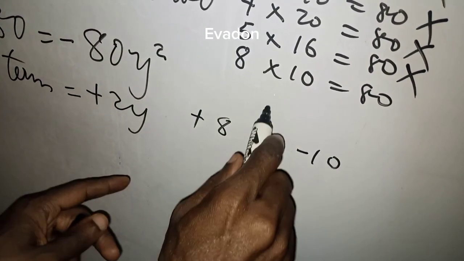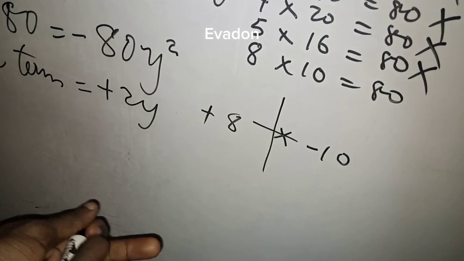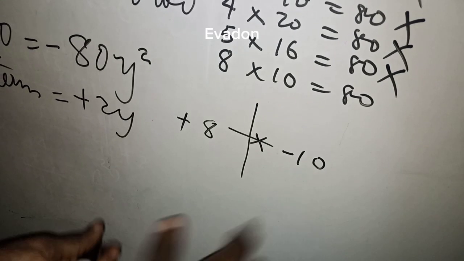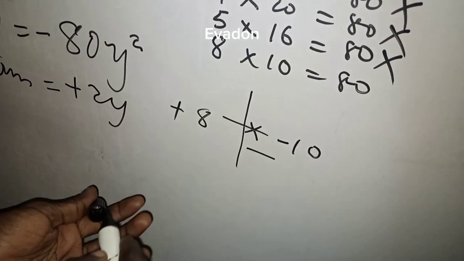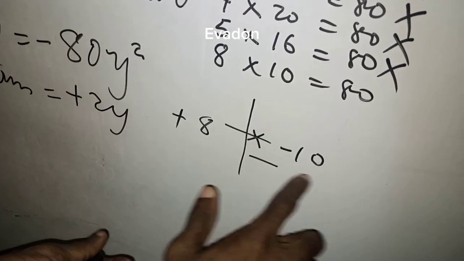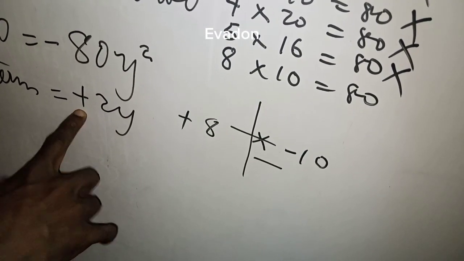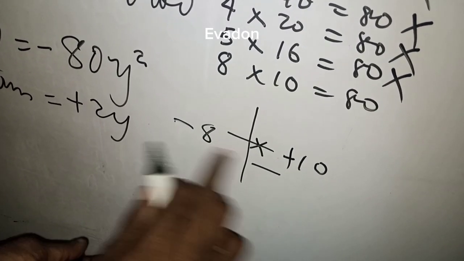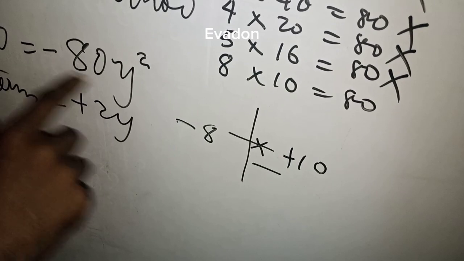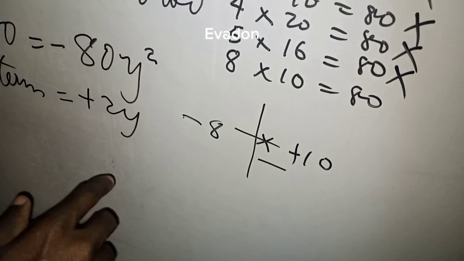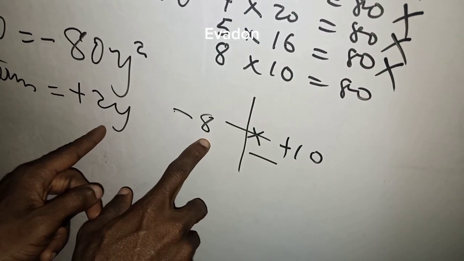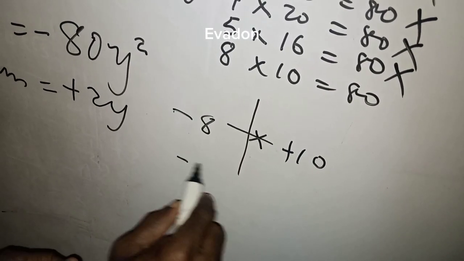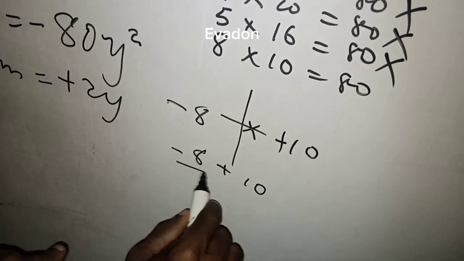Now for the addition, plus 8 plus minus 10 gives minus 2, so let us swap it. Change here to minus and here plus. Minus times plus is minus, 8 times 10 is 80, good. Then minus 8 plus 10 will give me plus 2. In other words, minus 8 plus 10 is what we are going to use.